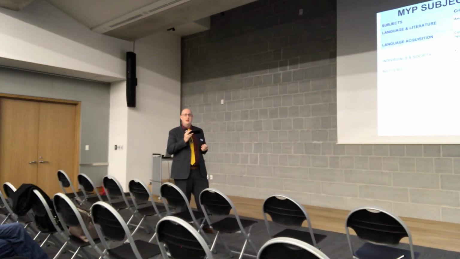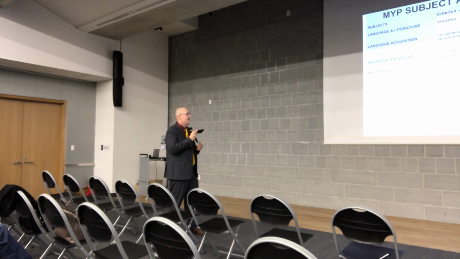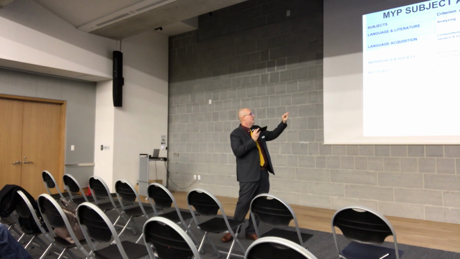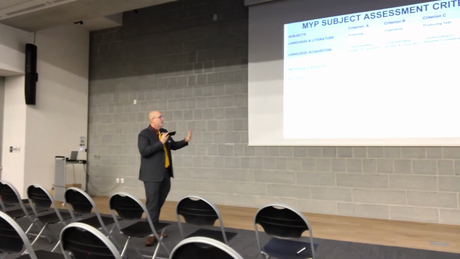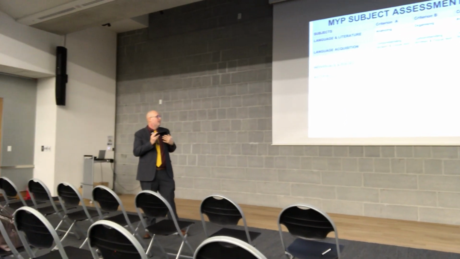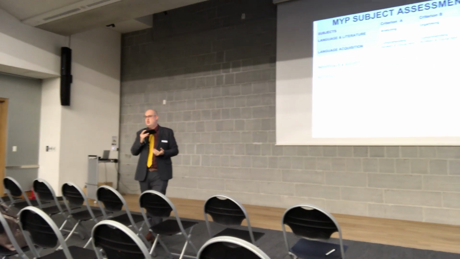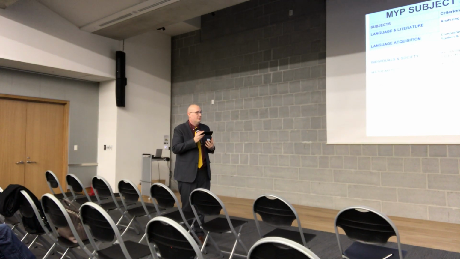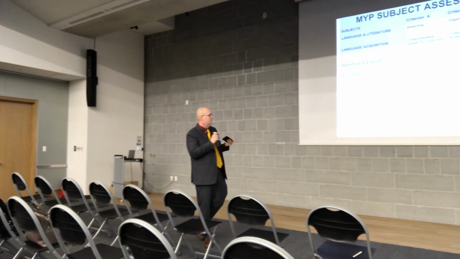Sometimes it's out of order. But in general, the goal is to have a criteria that matches that idea. Criterion C, we focus a lot on those skills, and you see communicating coming up multiple times. Communicating, the idea of being able to communicate. And then criterion D, having that reflective nature to what your learning is. Kind of thinking about your attitudes and that process and how you respond to things.